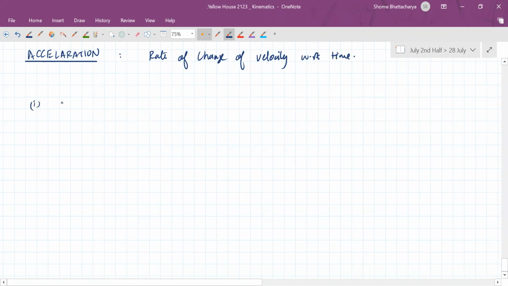So instantaneous acceleration, which we generally denote with the symbol small a, is the instantaneous rate of change of velocity with respect to time.